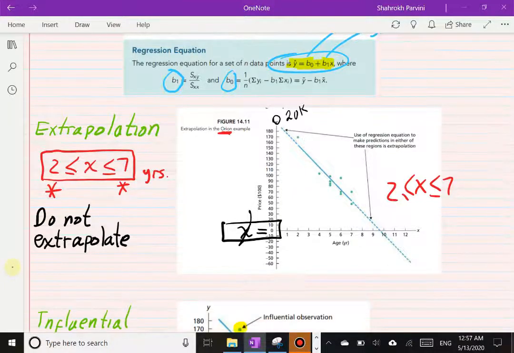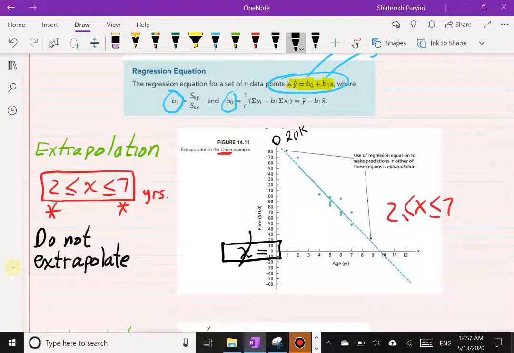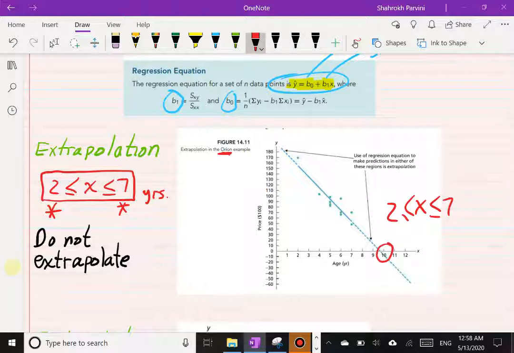And on the other side, if we look at the other extreme here, for example, let's take a look at a car that is 10 years old. A car that is almost 10 years old, using the regression line, that's going to be, what, 0. That means it has no value. And in fact, if a car is 12 years old, look at this.